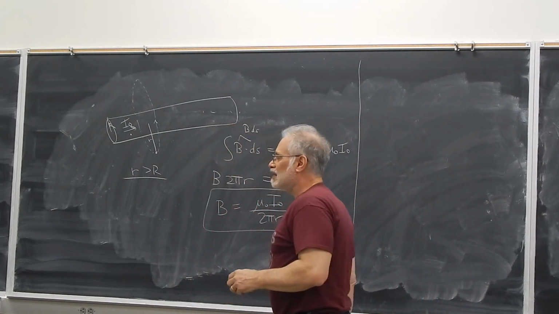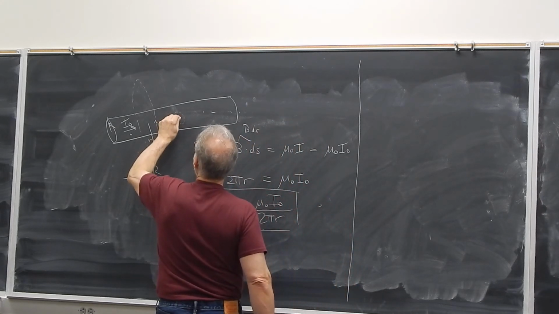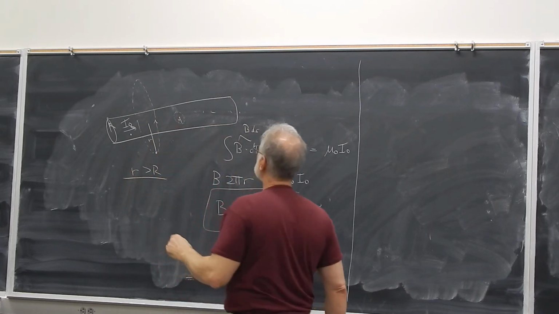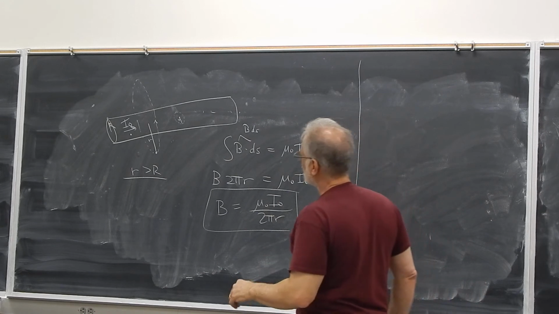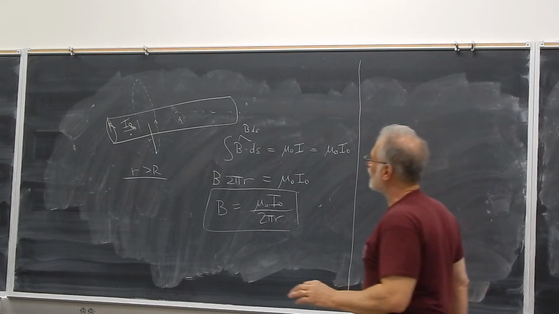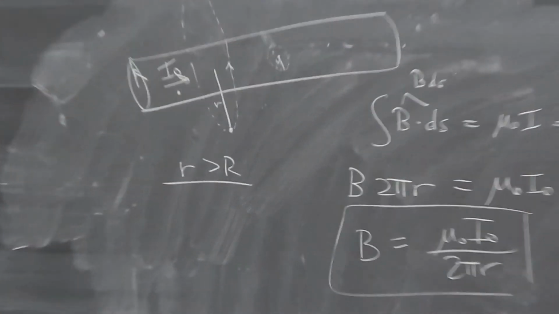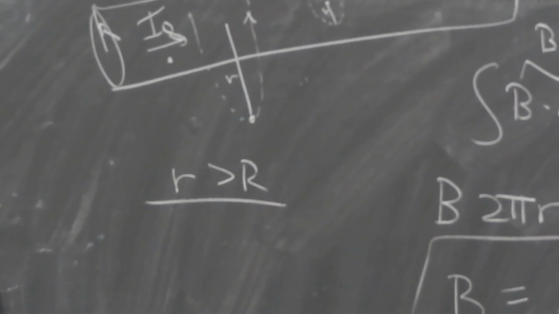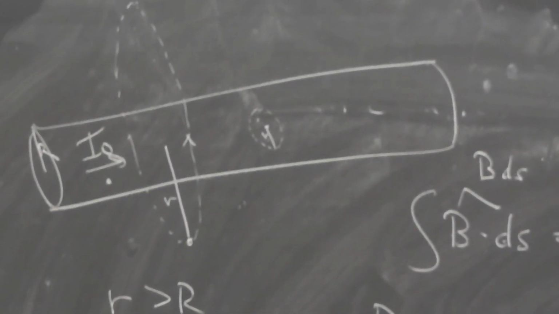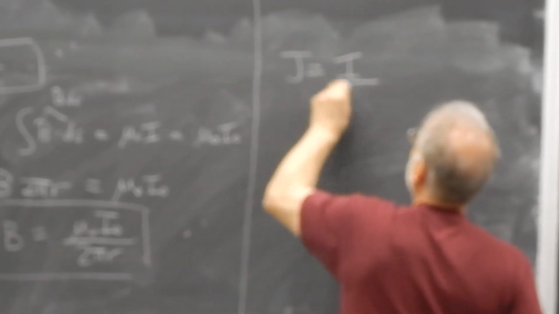Now I want to find the magnetic field inside the wire. To do that, let's say we have a point in here, some distance r from the center. I'm going to draw a small Amperian loop, but the issue here is that I don't have all of the current in the wire passing through this loop. I only have some of the current. If it's a uniform current distribution, I can say, though, that the current density, J, is equal to the current divided by the area.